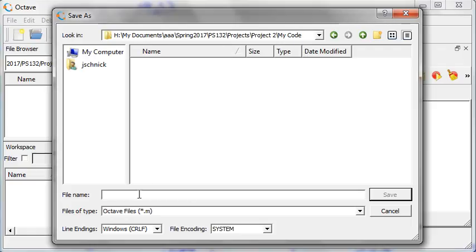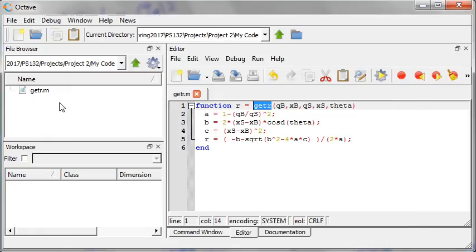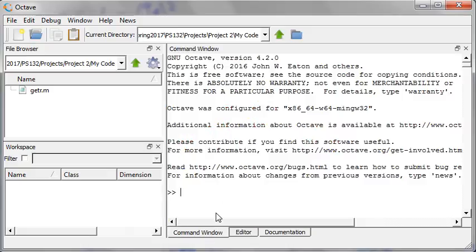Guess we'll find out. So Control V, and it adds the .m for me. There it is, getR.m. And then let's try that. See if it works. I'm going to run getR. See if I get any errors, for instance, that need fixing.